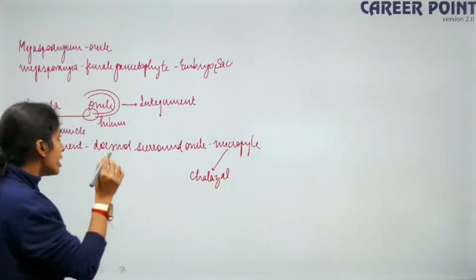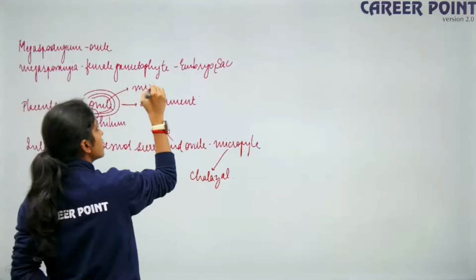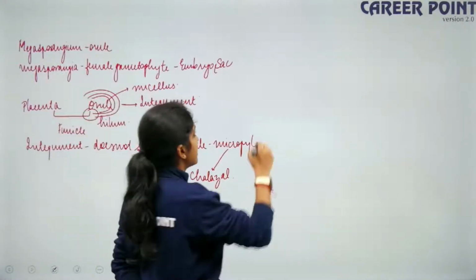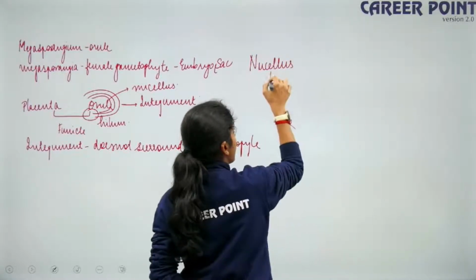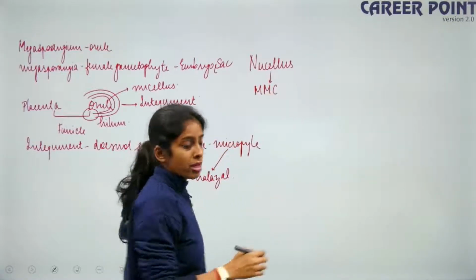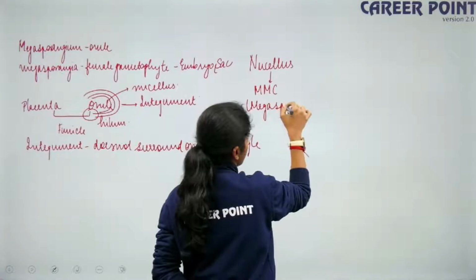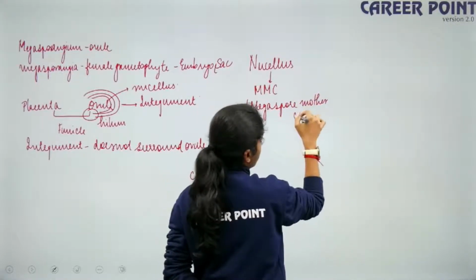Right? Now, inner to the integument, you have another layer that is called the nucellus layer. Now, this nucellus layer has what is called the megaspore mother cell.